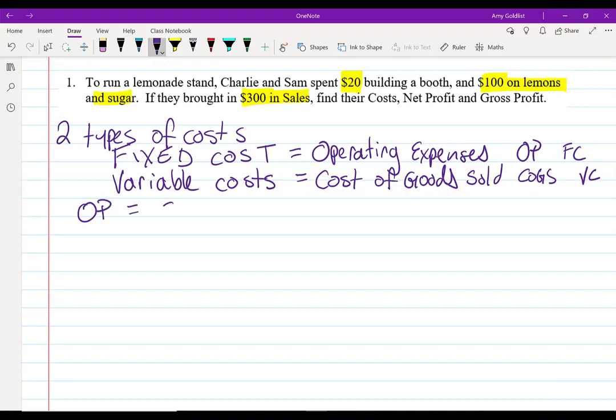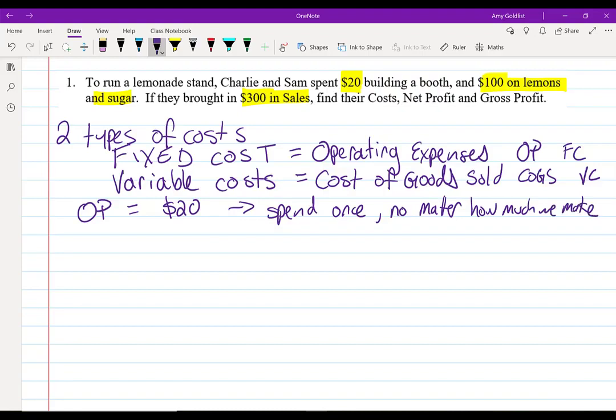In this case, we have both types of expenses. Our operating expenses here are the $20 on the booth. We spend that once, no matter how much lemonade we make. So that's a one-time expense. That's what makes it an operating expense, as opposed to our lemons and sugar, which is $100.